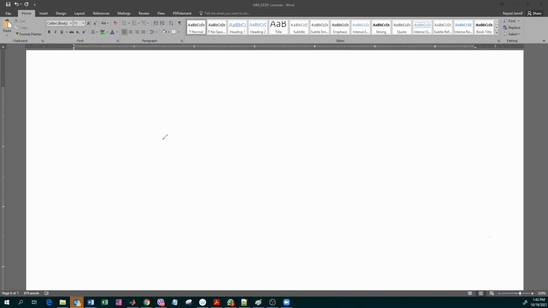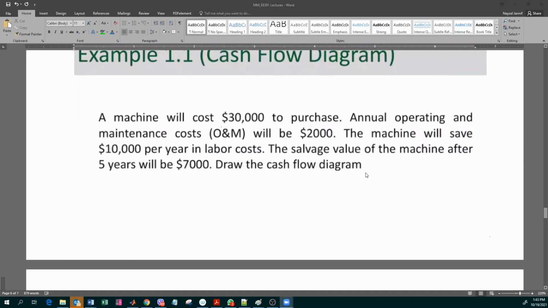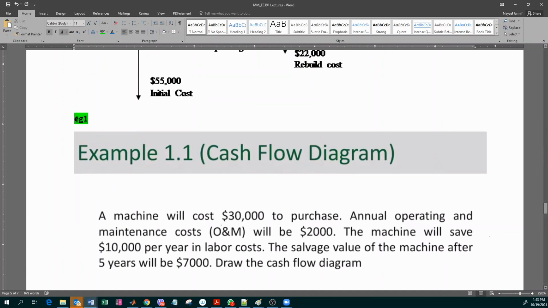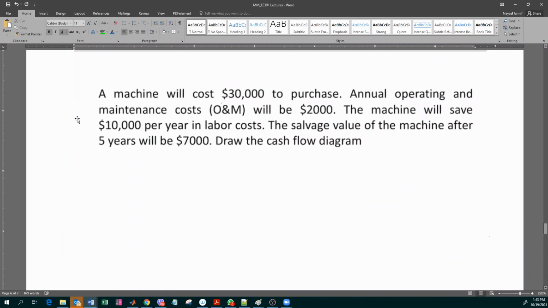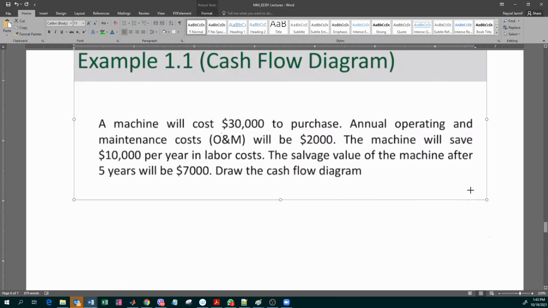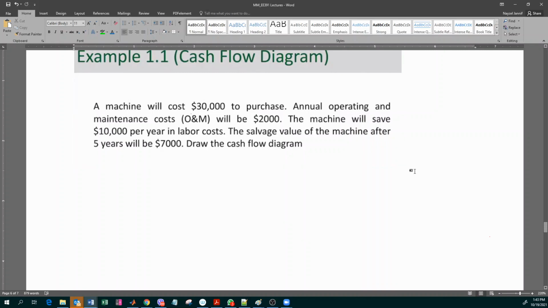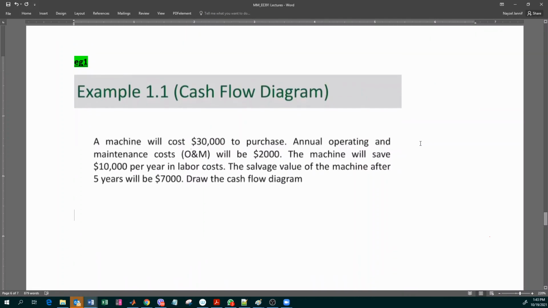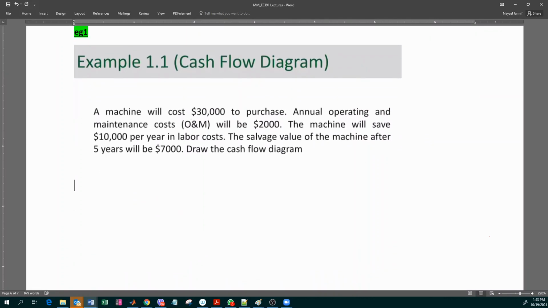There we go. Okay, so let's look at what the question said, guys. Do you guys remember the question? Maybe I should put it in the same place. Make this slightly smaller so that we can save some space on the screen. Annotate. All right. So this machine costs how much?